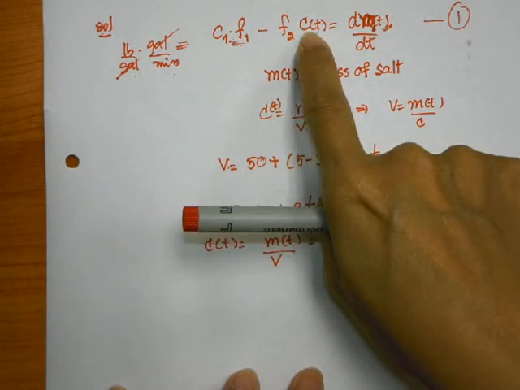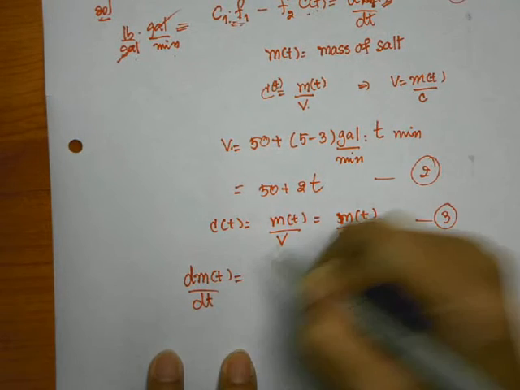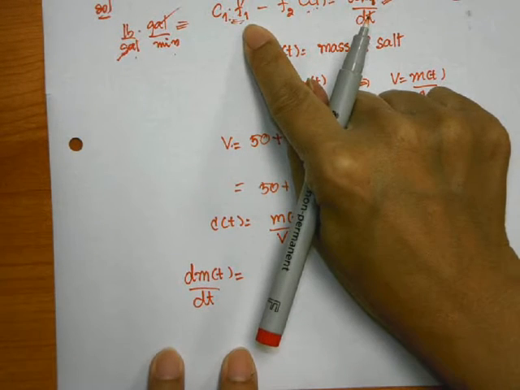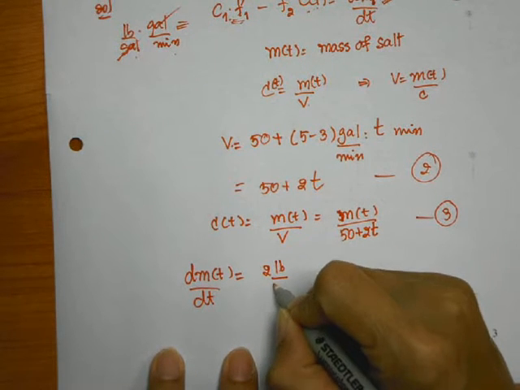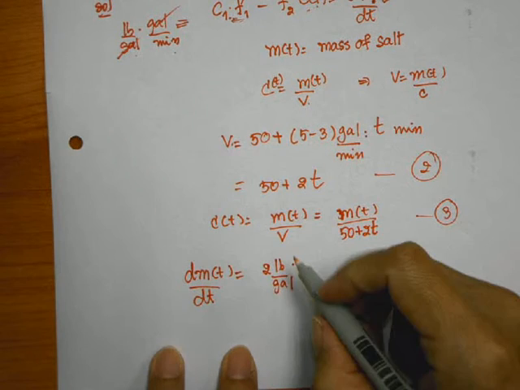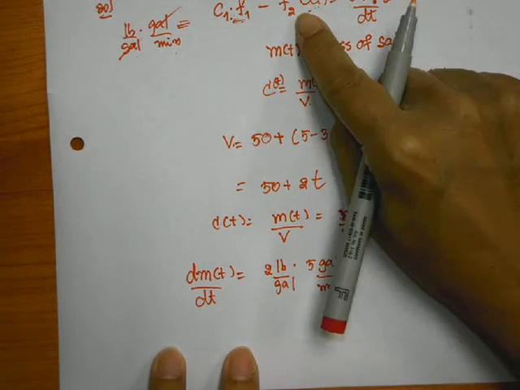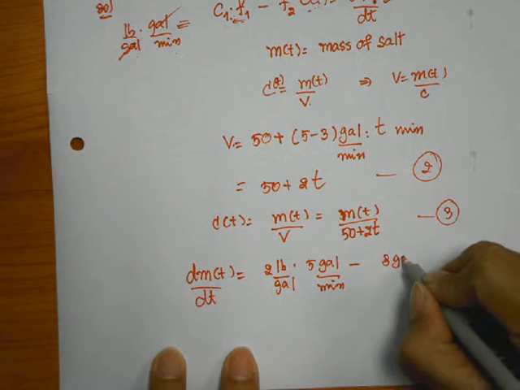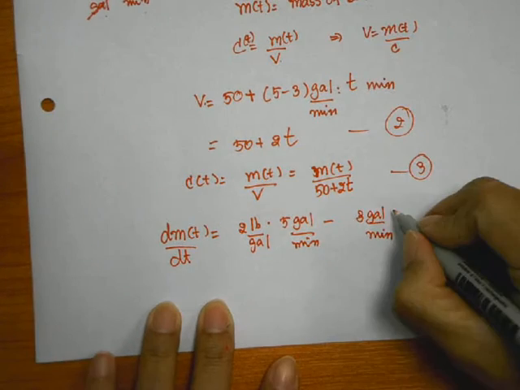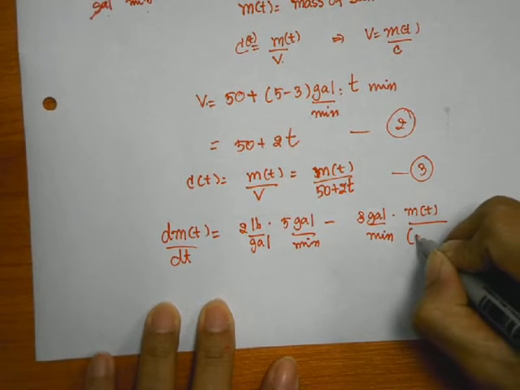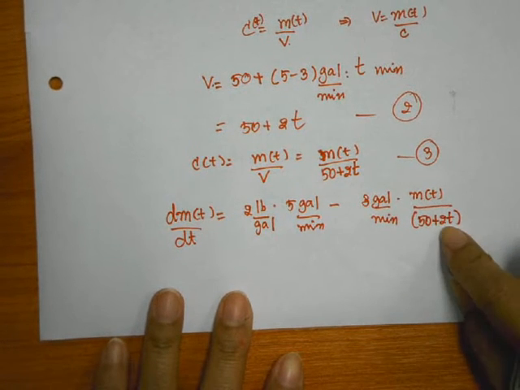We would get dM/dt equal to C1, right? We know C1 is equal to 2 pounds per gallon, and F1 is equal to 5 gallons per minute. F2 is equal to 3 gallons per minute, and C(t) is equal to M(t) divided by 50 plus 2t.